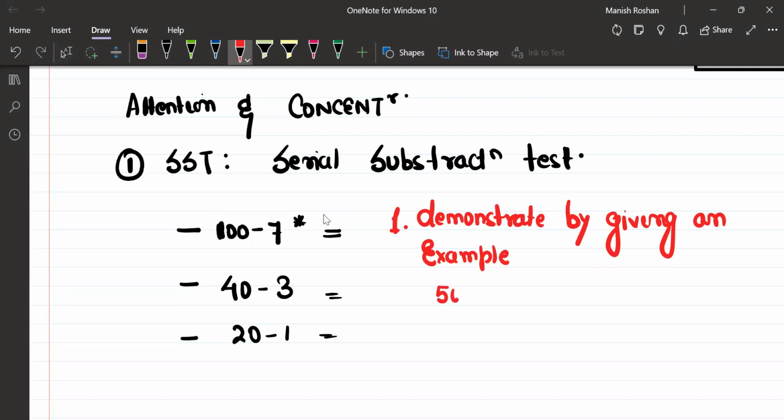You just give an example like 50 minus 5 is 45, and then you keep on doing the subtraction yourself and make the patient familiar with the test. If you keep on doing it, it will be 45, 40, 35, 30, 25, 20, and so on. So first and foremost, you have to give an example.